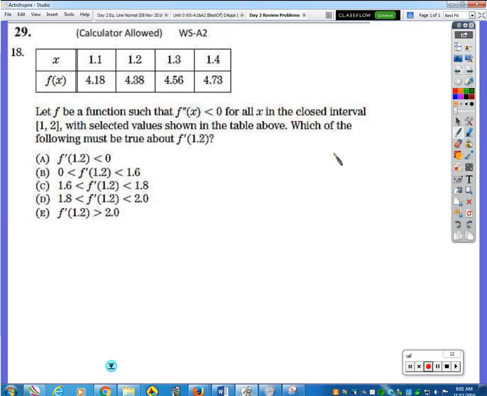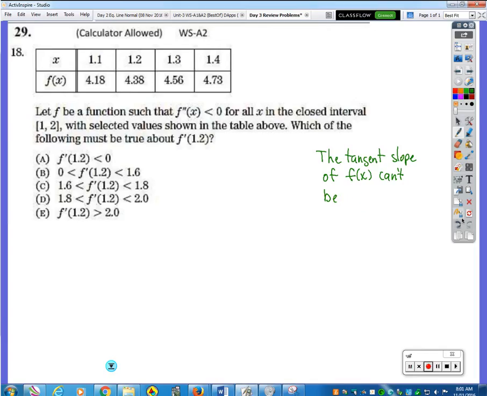Let's say this. Tangent slope can't be found. That is a little bit faster.